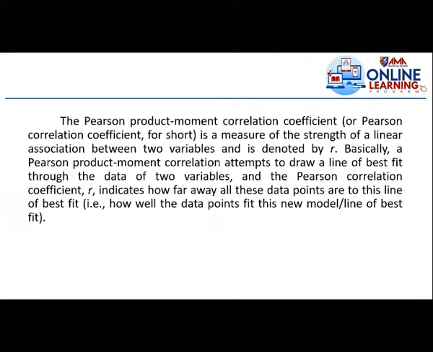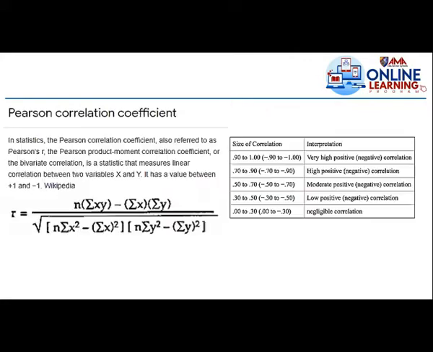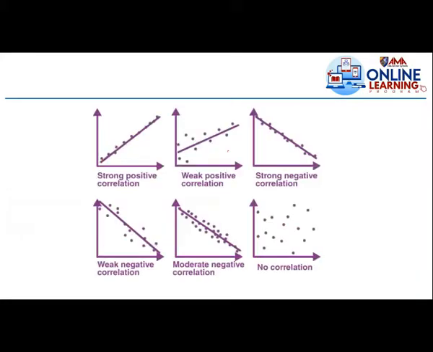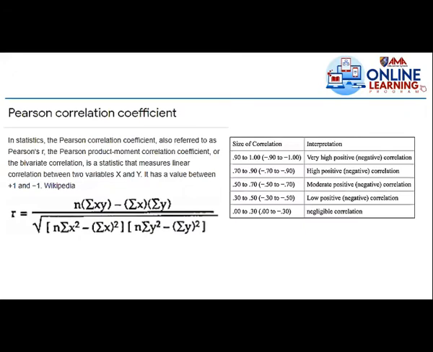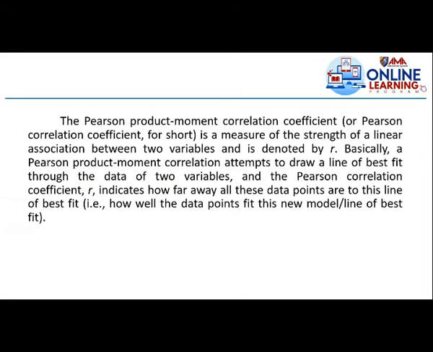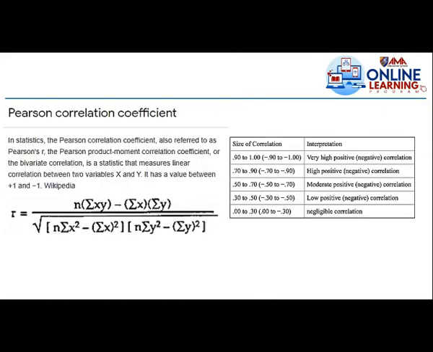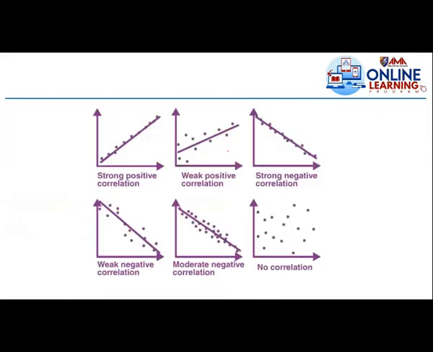Two variables, and the Pearson correlation coefficient R indicates how far away all these data points are. So yung regression line again, ito yung ideal. While yung R naman, yung Pearson correlation coefficient, mali yung pagka-discuss ko. Ito, yung linya, will be the regression line. Yan yung ideal, yan yung best fit. Kumbaga, 100% na strong positive correlation.